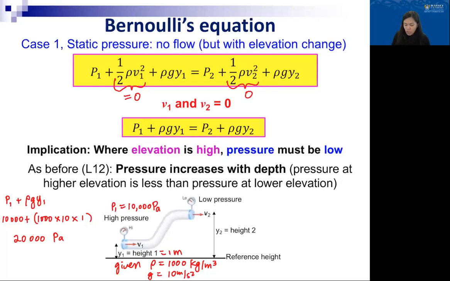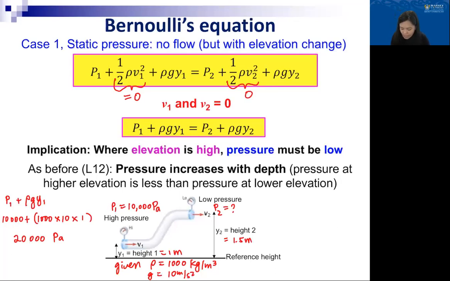Now, what if we change the elevation of the pipe, such that the elevation is now 1.5 meters? Let's see how the pressure would change at this higher elevation.